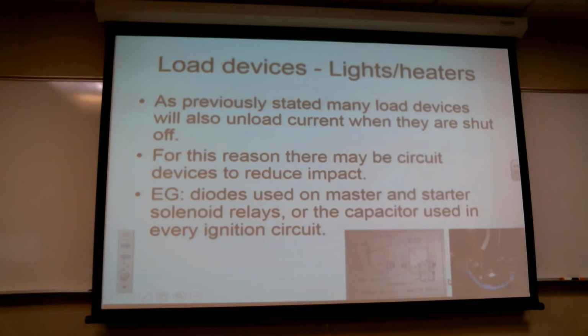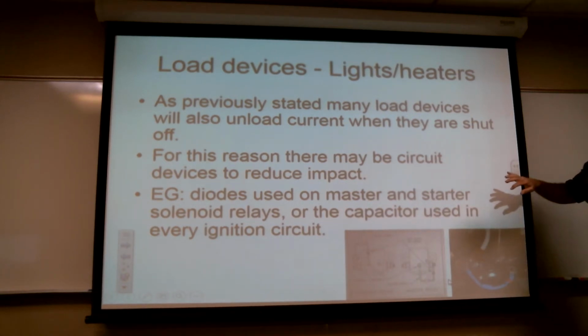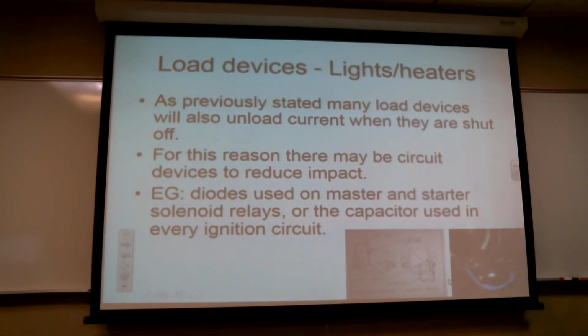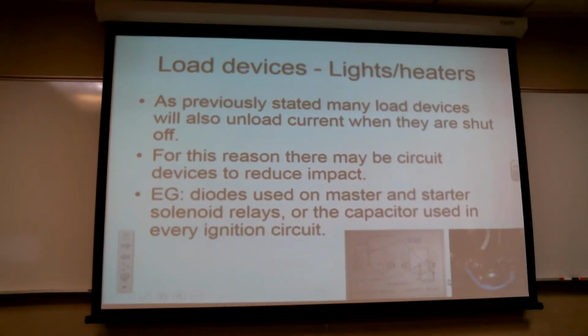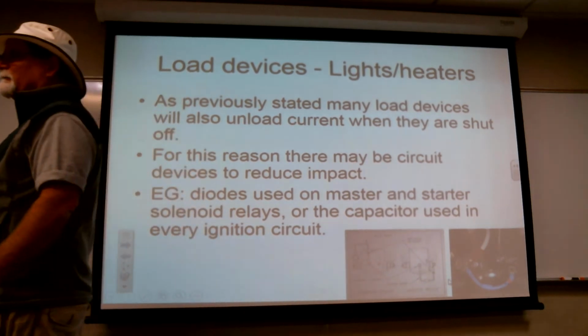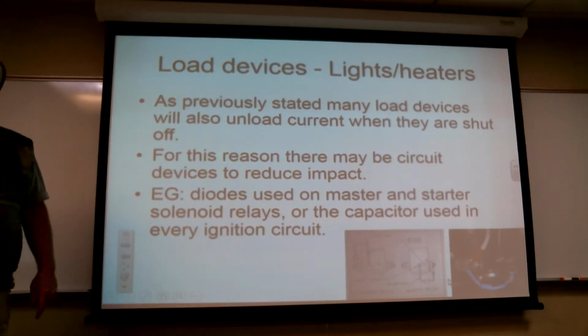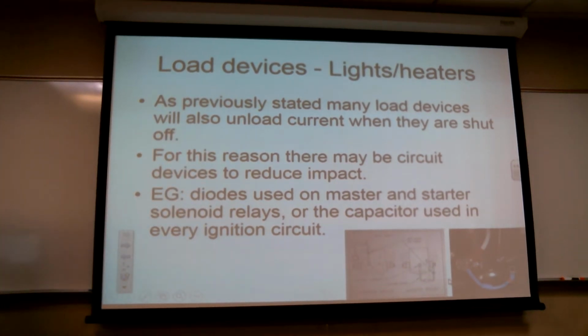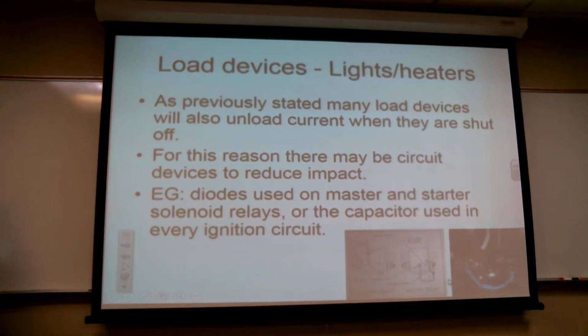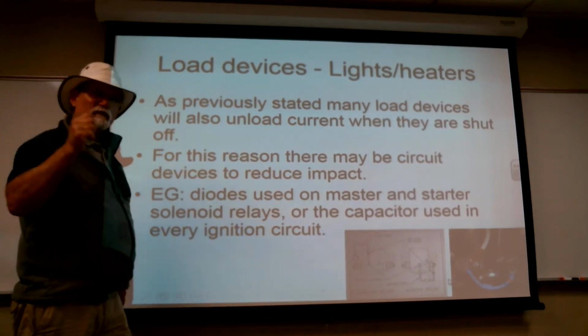So because of that, we're going to try and do some things, particularly on very high powered circuits like a starter circuit or a master circuit where you have a large inductive switch, large inductive relay. The little bitty key switch for the starter or for the master switch, every time you turn that off, if the inductive relay tries to collapse its magnetic field, you create an arc going across that little bitty control switch.